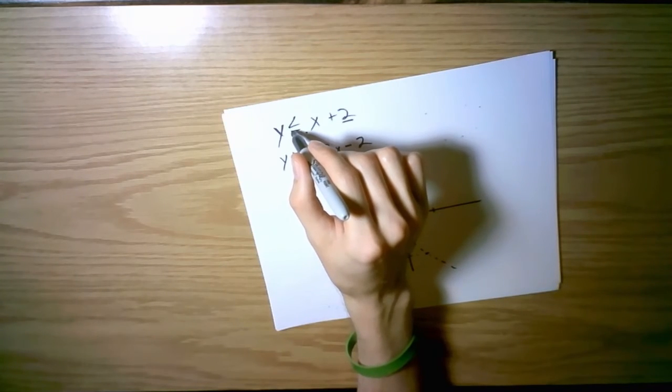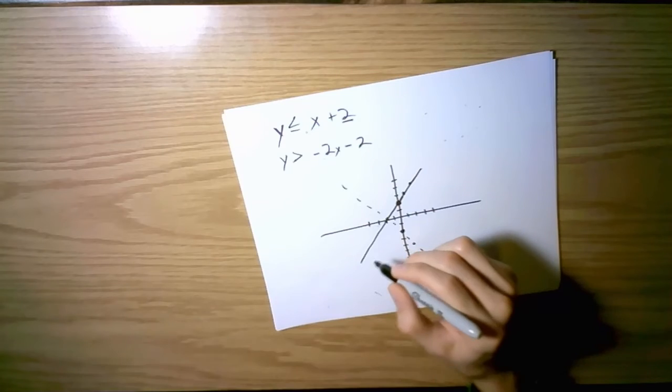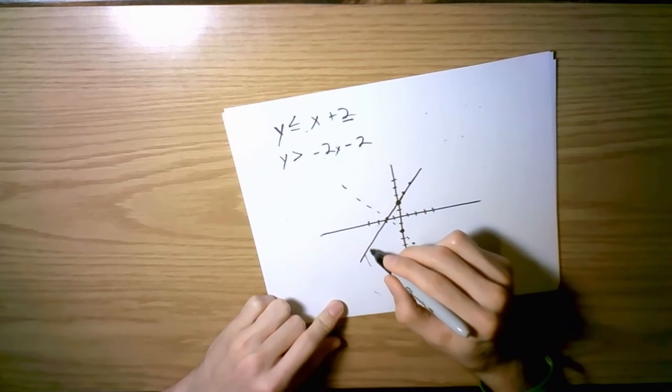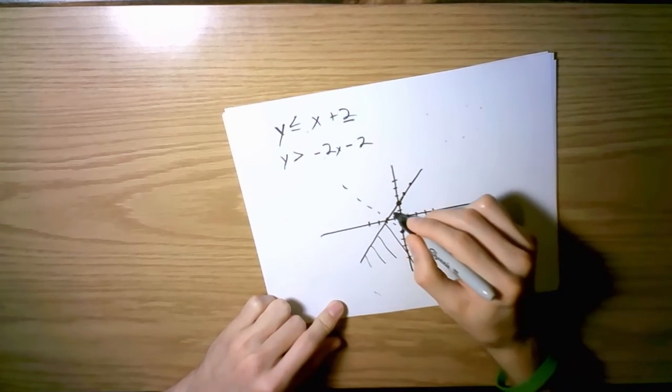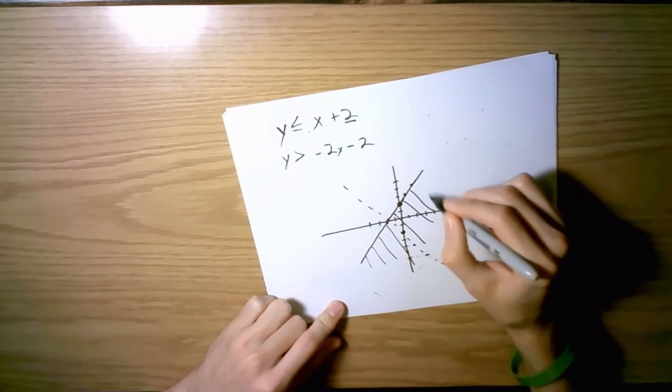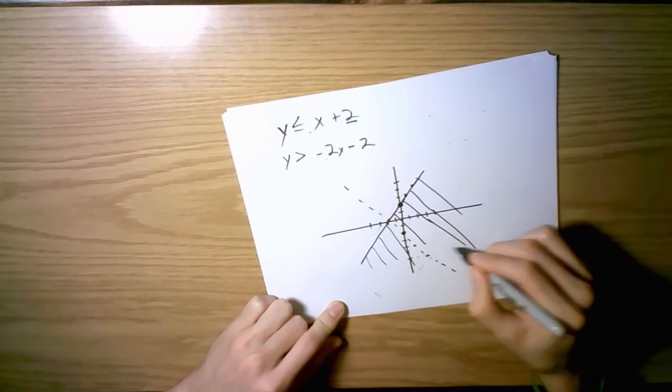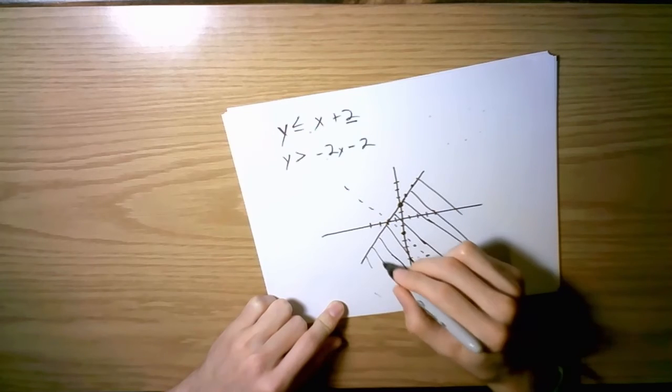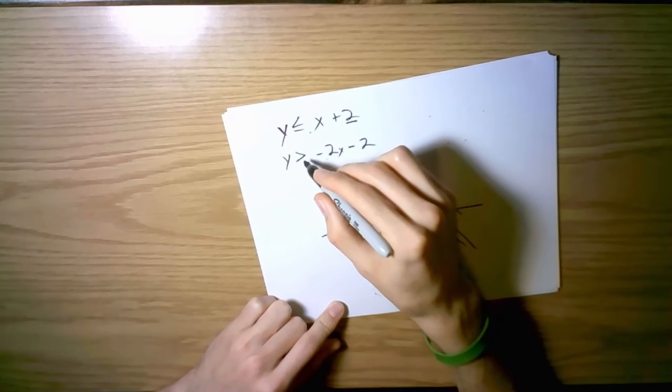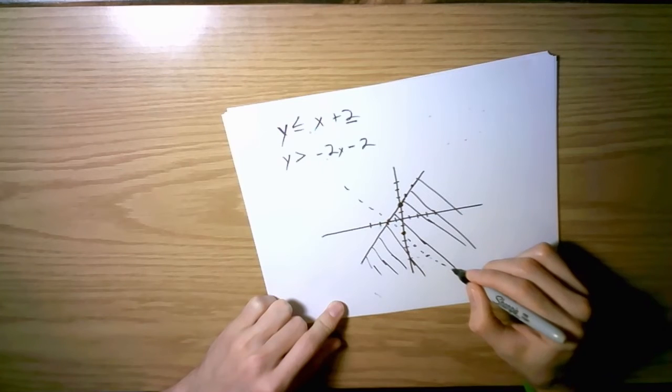Since it's less than this one, that's this line right here, we shade everything below the line. So all of this is shaded in. And this one, it's greater than or equal to, so we shade everything above the line.